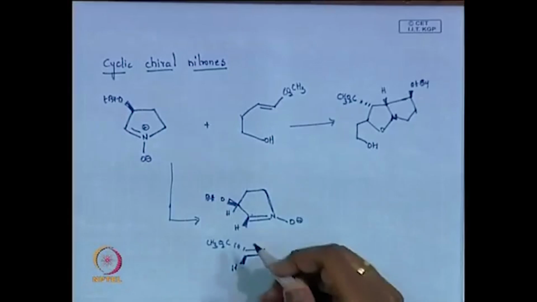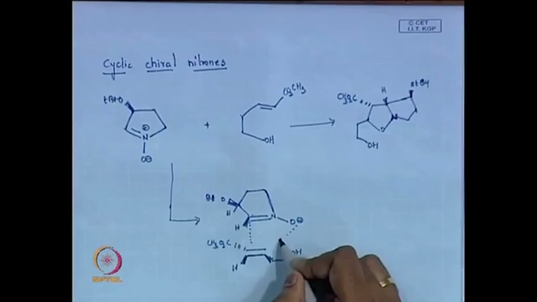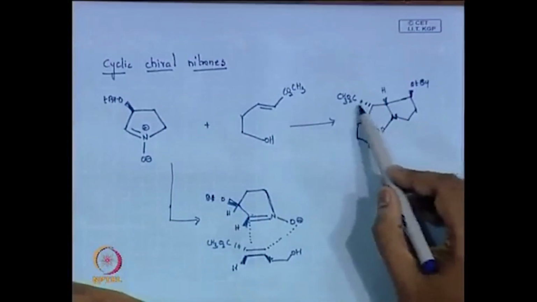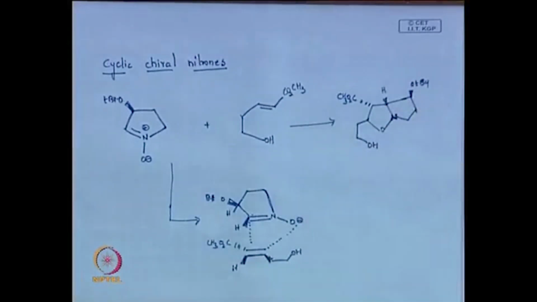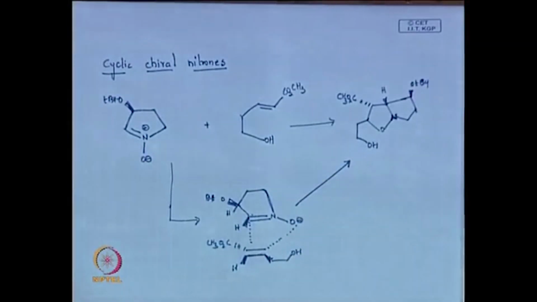Now just look, one possibility of coming out, right, like this with your alkene, with your hydrogen out and CO2. That is why you have your hydrogen and CO2CH3 in different planes, yeah? And then you have O tertiary butyl, they just align like that, fine, and you get this as a sole product. Very interesting working with cyclic chiral nitrones, like you get only one product.